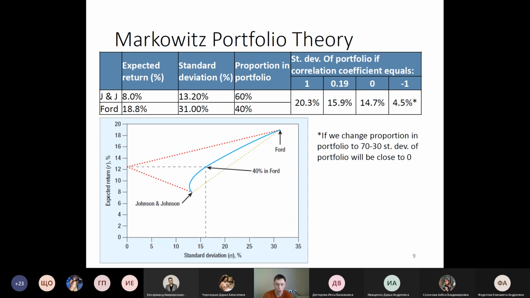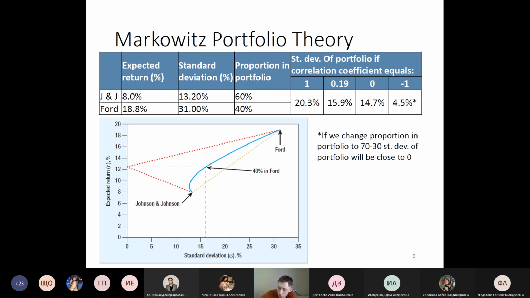So both of those cases, perfect positive correlation and perfect negative correlation, are unlikely to be present in real life. Perfect positive correlation might be done artificially, when some assets are technically attached, the price of some assets technically attached to the price of another asset.